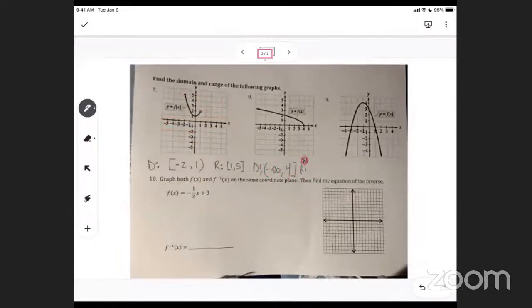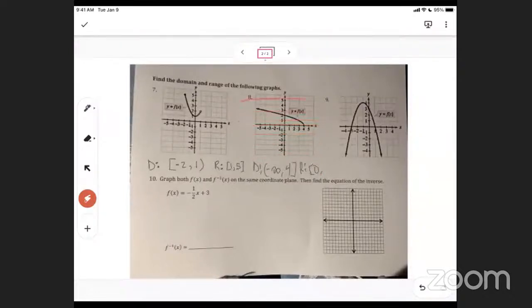Range. For the range, with that. Nope. Remember, you're scanning. 0. Yep. Would it be negative infinity? Nope. Because remember, you're scanning.